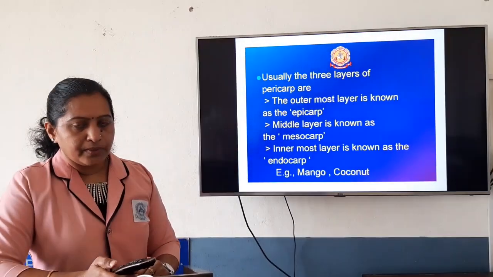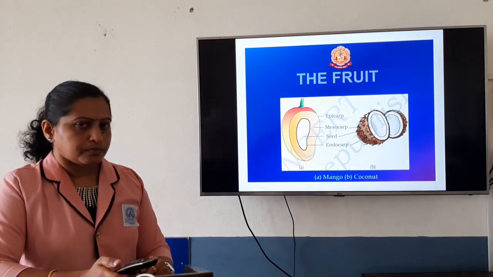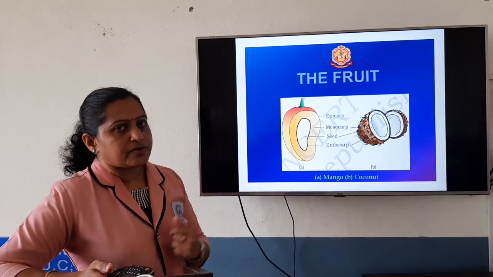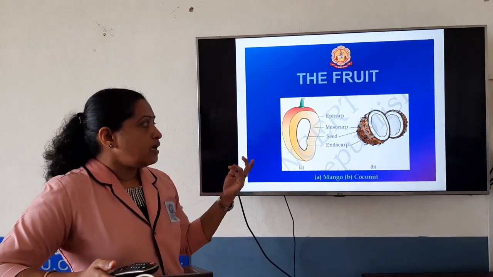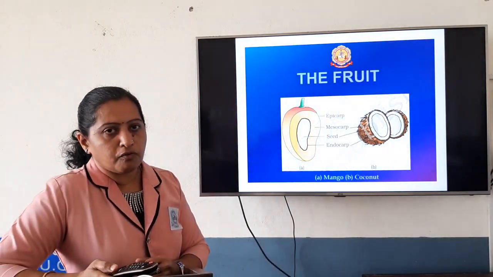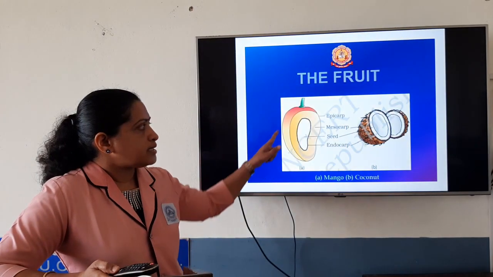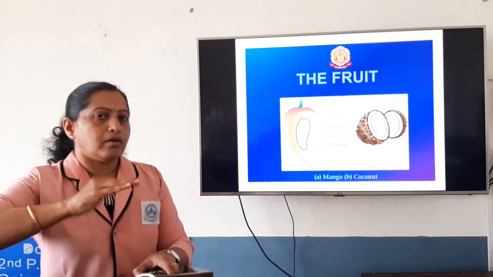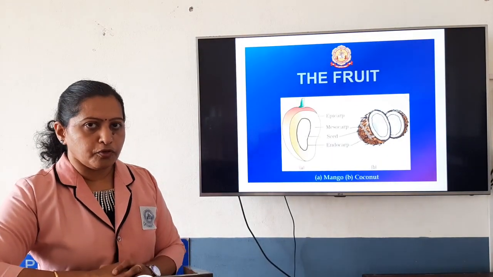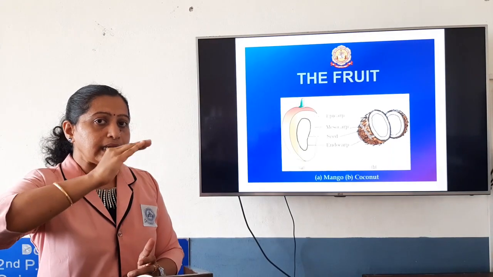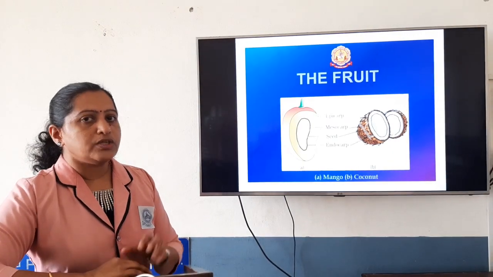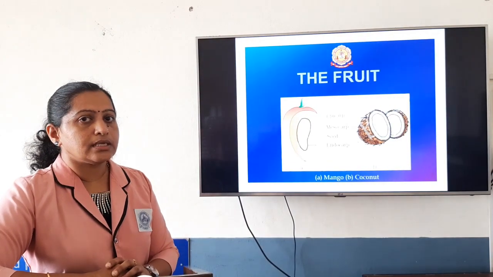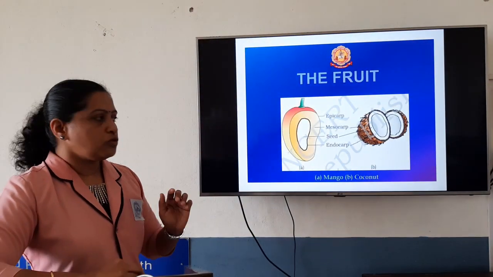For example, you have seen the mango fruit, and even the coconut. There are three different layers of fruit wall. In mango, the outer wall, that is the green covering of the fruit, which turns yellowish or orange when the fruit ripens, is the epicarp, the outermost layer.